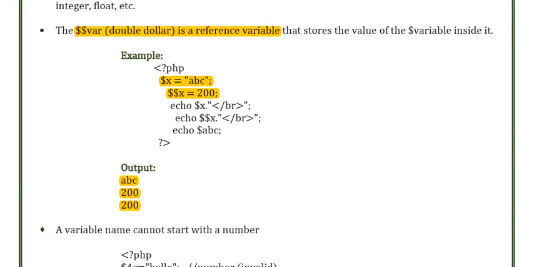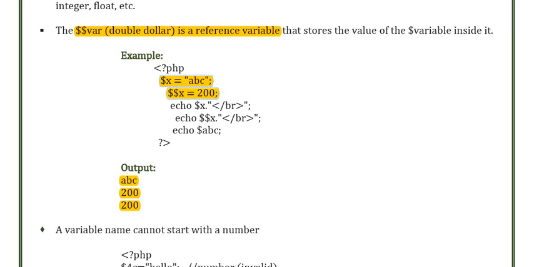In echo $$x it will print the 200 value. We have already discussed that the double dollar value is for referencing the variable. That means if you use the single dollar then ABC, the ABC already refers to $x.